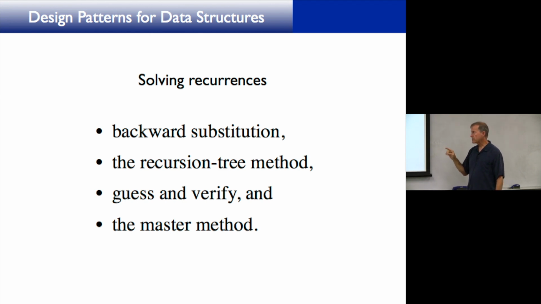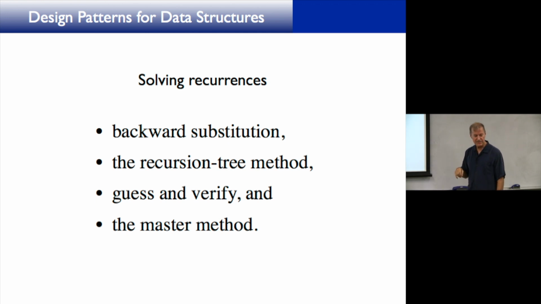There's backward substitution, there's the recursion tree method, there's the guess and verify method, and there's the master method. Before we get started, you need to have seen all 4 of these. I'm only going to require you to do the guess and verify method on an exam. But these are all standard techniques, and you should be familiar with them.